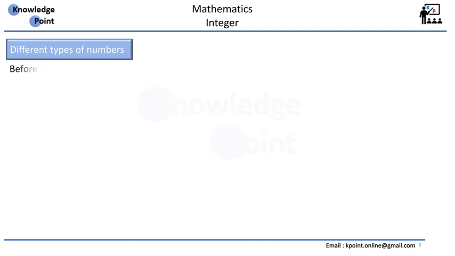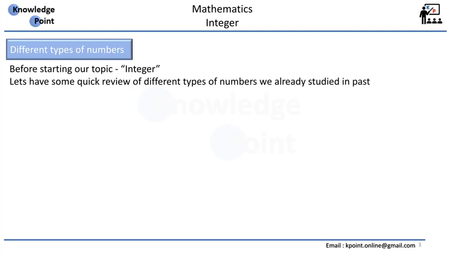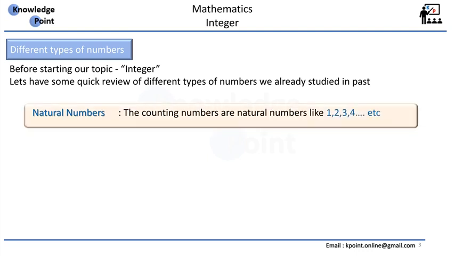Different types of number. Before starting our topic integer, let's have some quick review of different types of number we already studied in the past. A natural number: the counting numbers are the natural numbers like 1, 2, 3, 4 and so on.